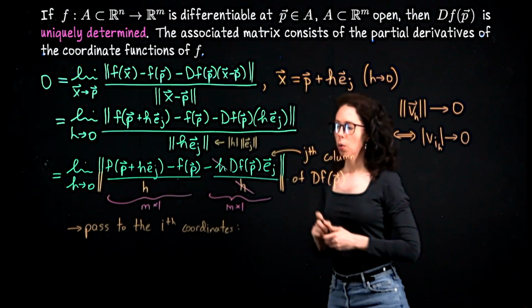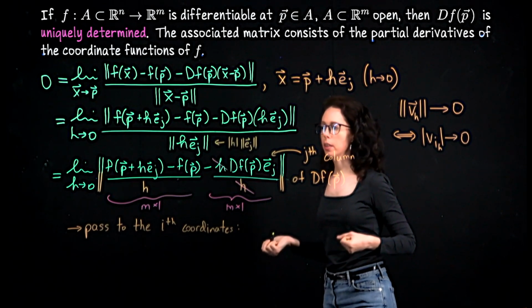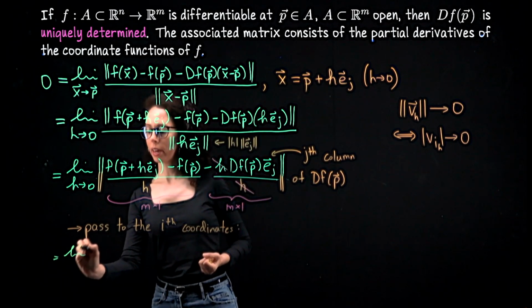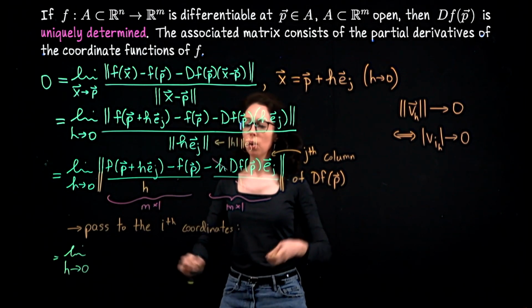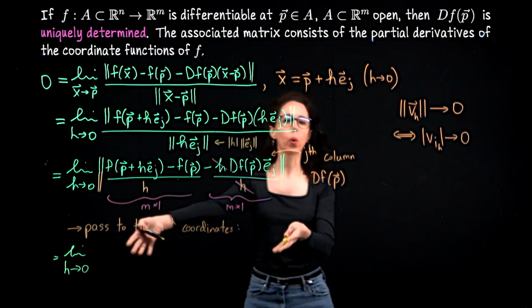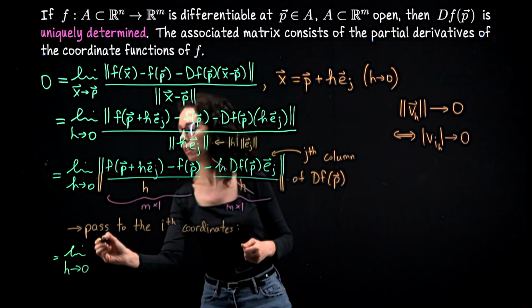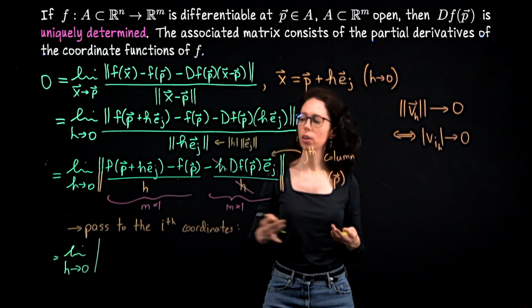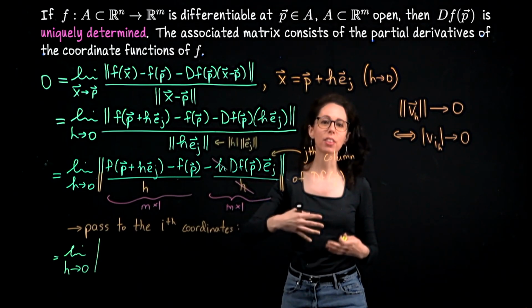Okay, what does that look like? Well, the limit is still the limit as h goes to 0. Sorry, my handwriting is going to deteriorate because I'm reaching down, but we are no longer going to write down a vector norm because now we're looking at the size of a scalar coordinate. So let me write absolute value. And then if I'm passing to the ith coordinate here, then that's like saying, what's the behavior of the ith coordinate function?